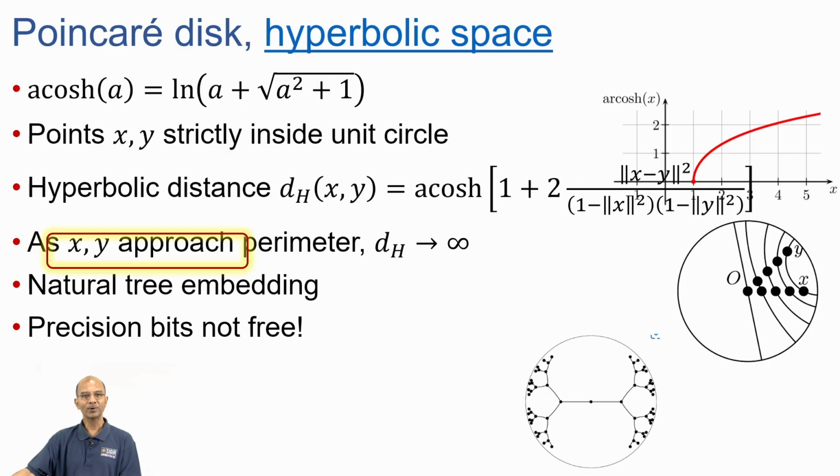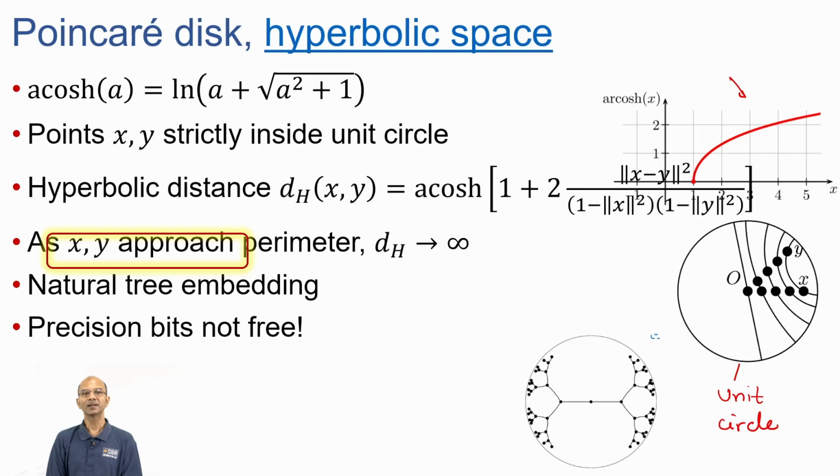So, how does hyperbolic embedding work? We have to first define the hyperbolic arc cosine, or inverse hyperbolic cosine, of A, which is defined as the natural log of A plus square root of A squared plus 1. That graph is shown in this chart over here. Now, we will embed all points like x and y strictly inside the unit circle.